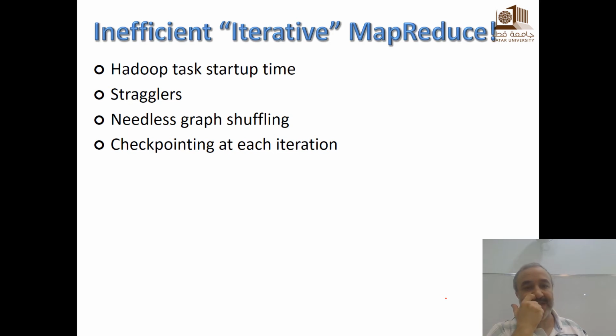Also, the fact that we have to shuffle the graph in every iteration is, of course, very inefficient. And we also have to have a checkpoint at each iteration to see if we converged or not, right? So all of these things make MapReduce not very efficient for iterative algorithms.